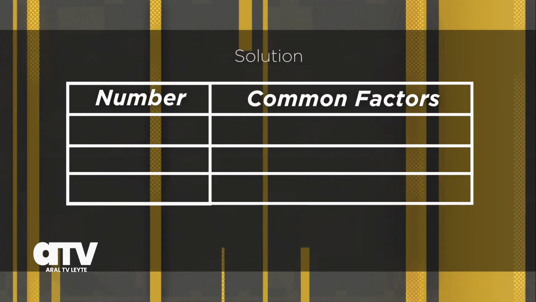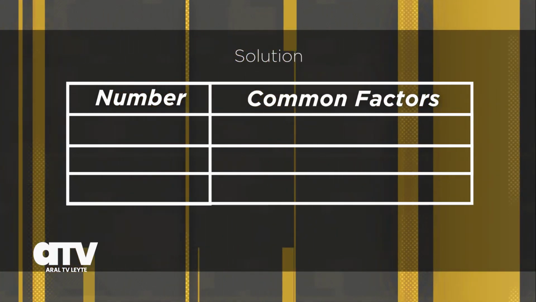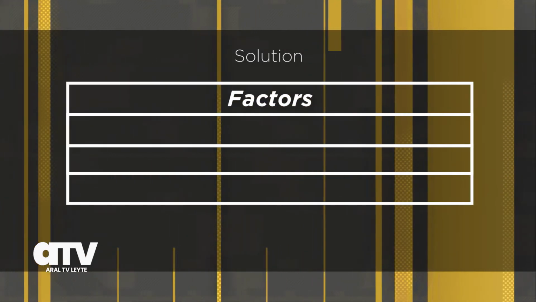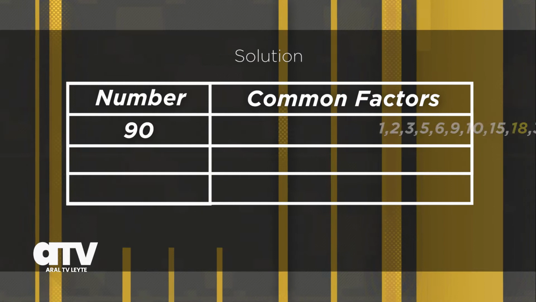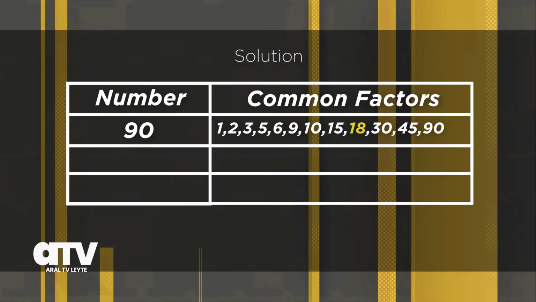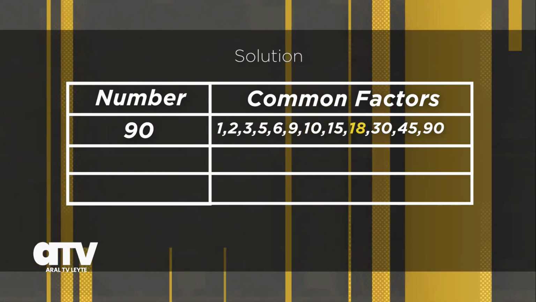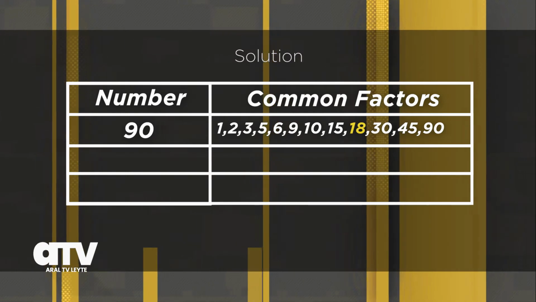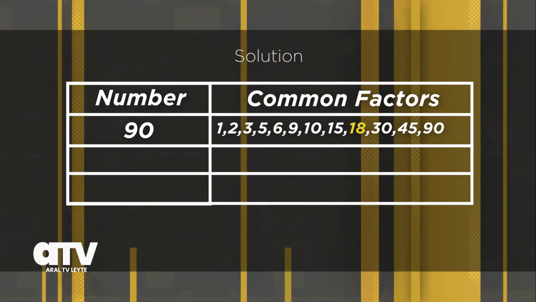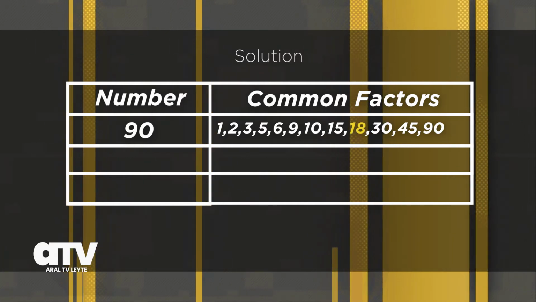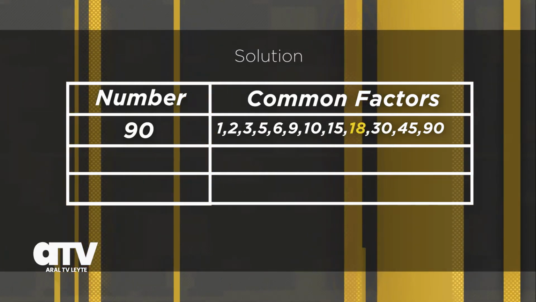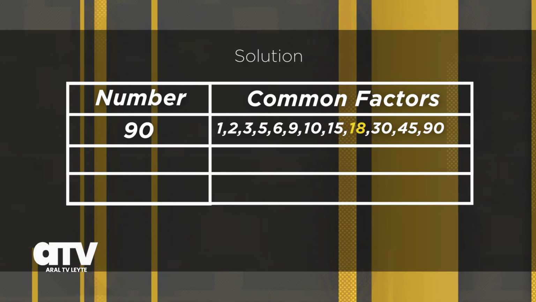Second column, common factors. Third column, factors. 90. 1, 2, 3, 5, 6, 9, 10, 15, 18, 30, 45, 90.